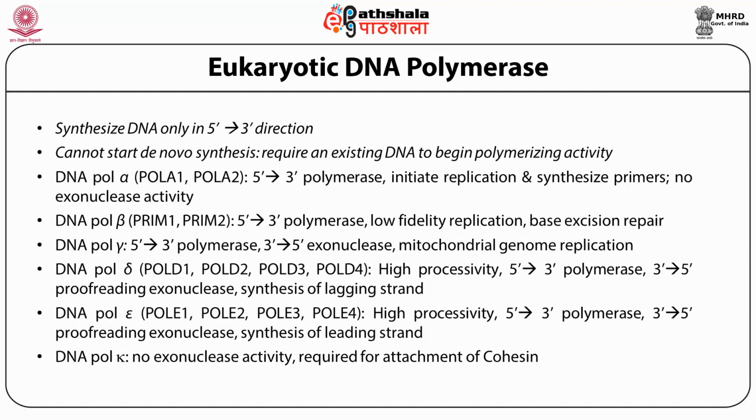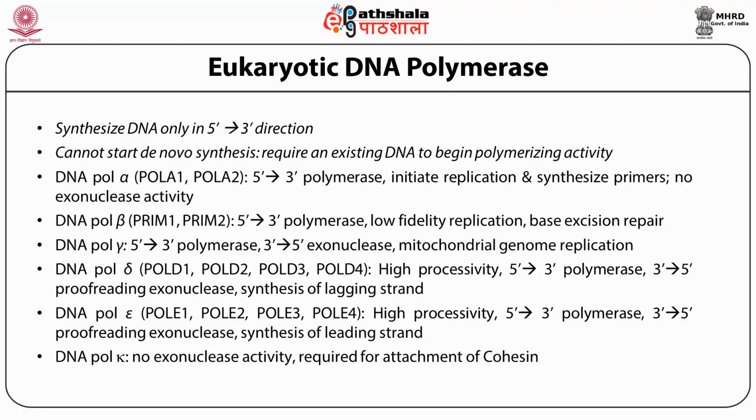DNA polymerase happens to be the single most important enzyme in terms of DNA replication, be it prokaryotic or eukaryotic system. Of all the known DNA polymerases, two features remain consistent. The first, polymerizing ability only in the 5' to 3' direction, and lack of de novo synthesis ability. That is, these DNA polymerases invariably require an existing DNA strand to begin the polymerizing activity.